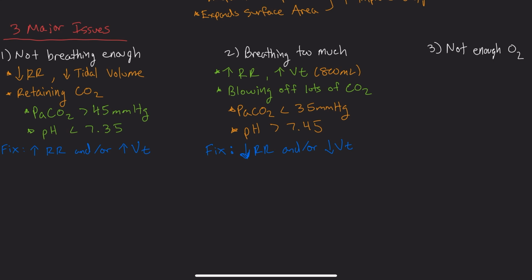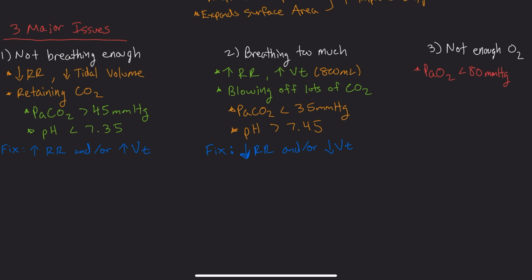Okay, the third problem here we'll cover is the patient not having enough O2. So what that will look like would be a partial pressure of oxygen less than 80 millimeters mercury. Remember, we said this value is typically 80 to 100.